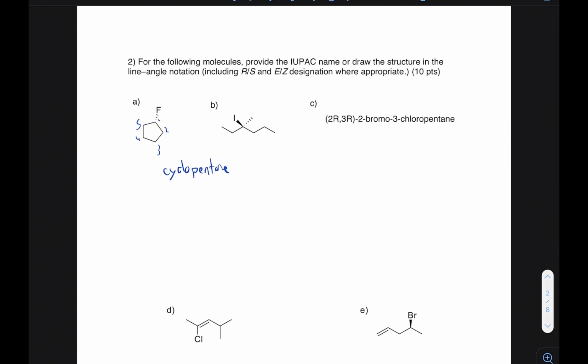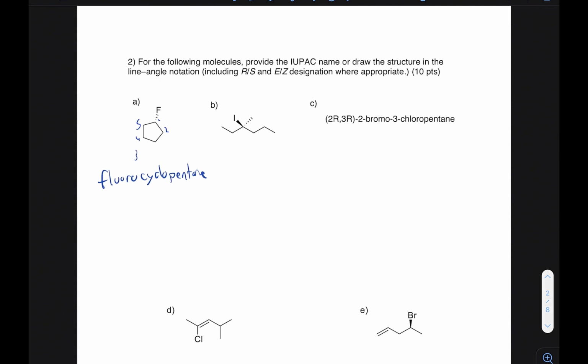We don't need to say 1-fluoro, so we won't, but you can if you want to. So fluorocyclopentane, and that's it. Even though this fluorine is on a dash, don't forget that with chirality, if groups on either side are the same, in a ring like this, there's no chirality, okay? So calling this RS would be wrong. It doesn't have chirality. Important to keep in mind.